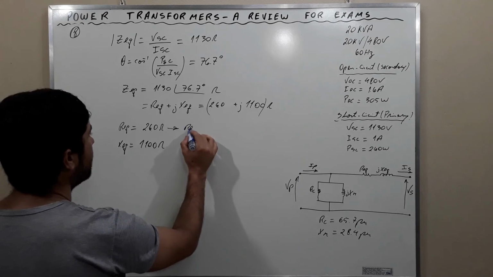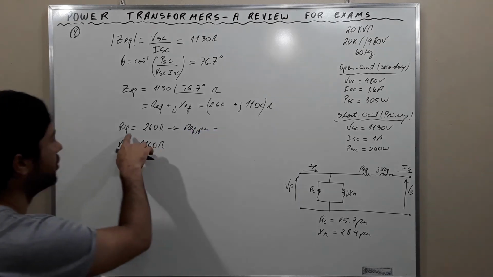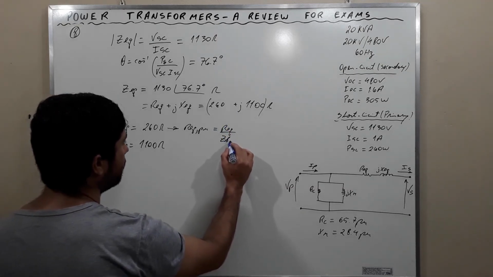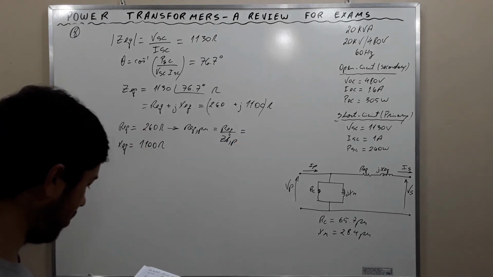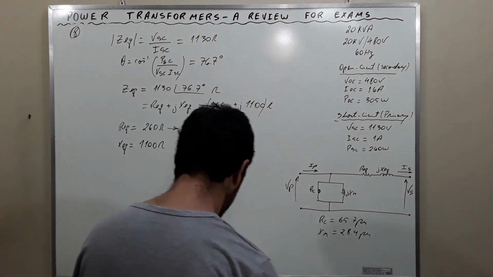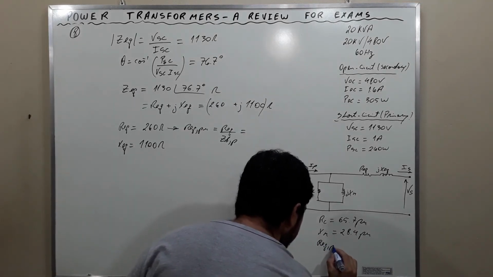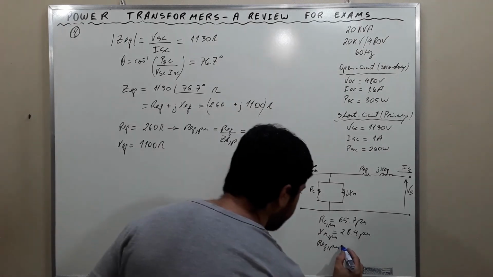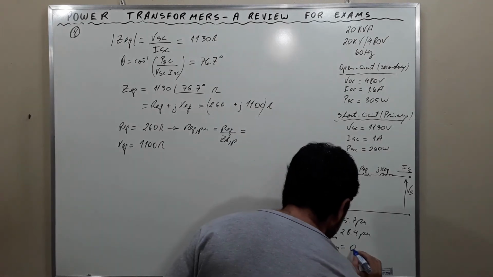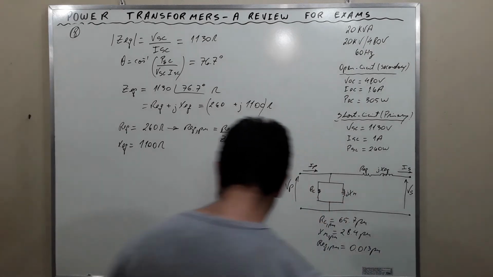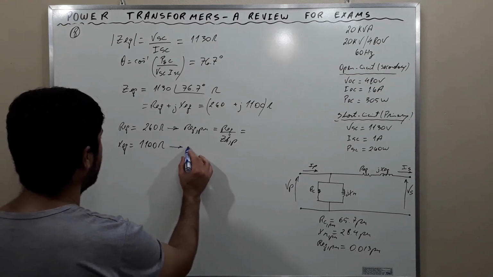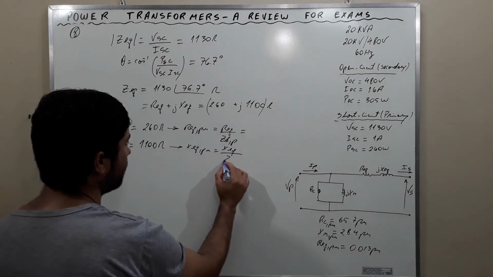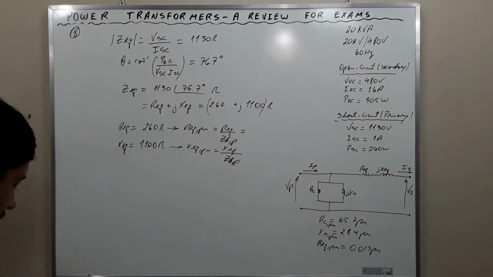Okay, we simply divide Rec per unit is equal to Rec divided by the base impedance referred to the primary side, and this gives a value of 0.013 per unit, and the same is going to be done to the equivalent reactance in per unit, which is going to be the equivalent reactance divided by the base impedance referred to the primary side.